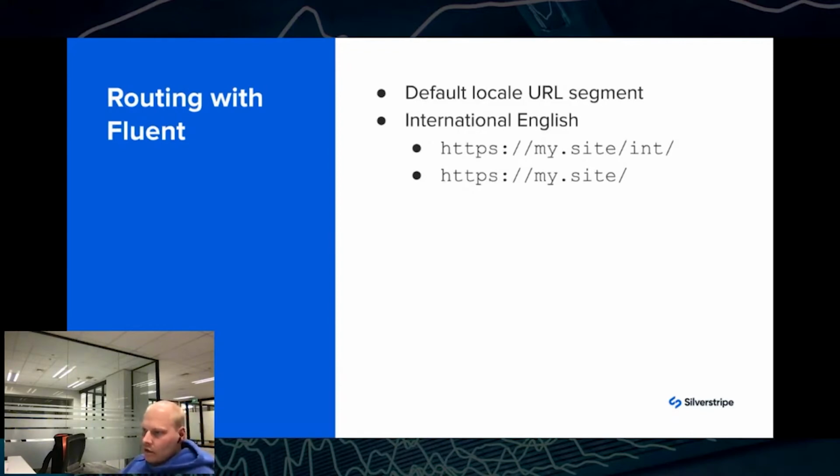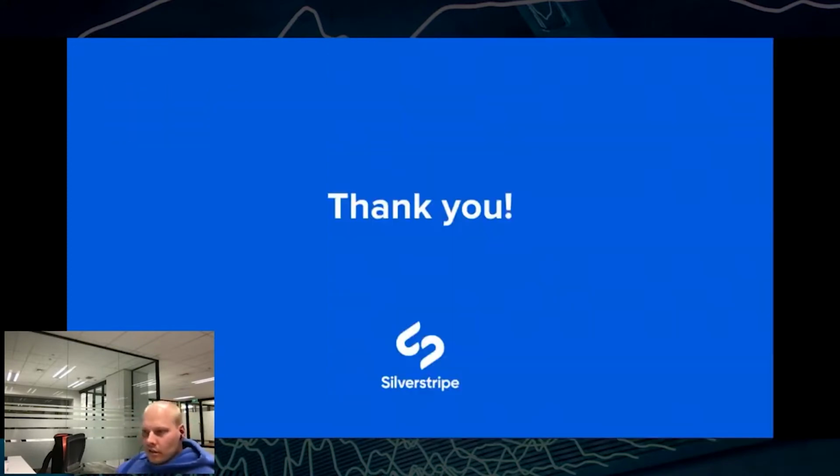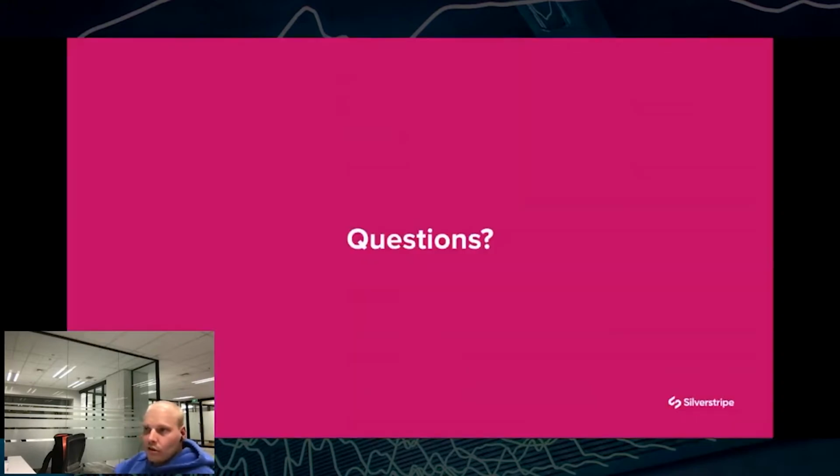This is really handy when you're adding Fluent to existing projects. You have your URL structure already set, and you have search engines looking at that, so you don't want to change it. So you can say my existing URL structure will become the same as for the default locale. All right, and that's it. So we can move to the questions segment.